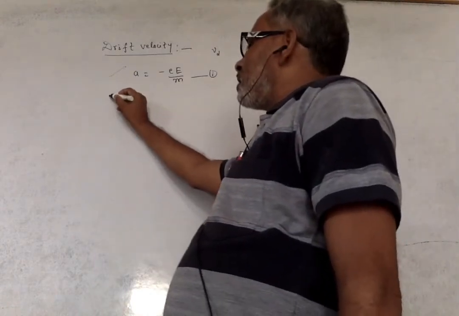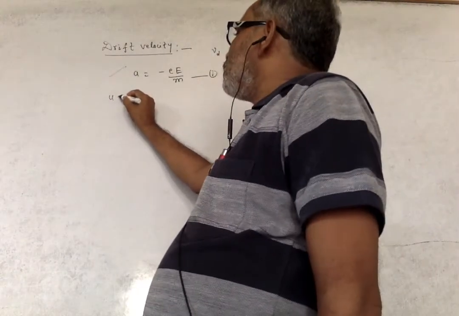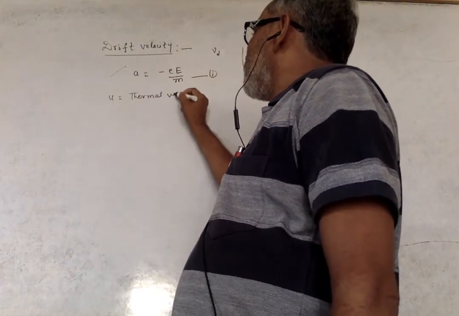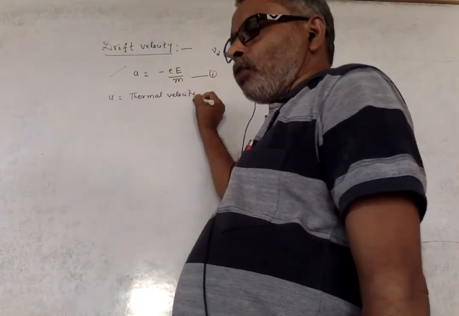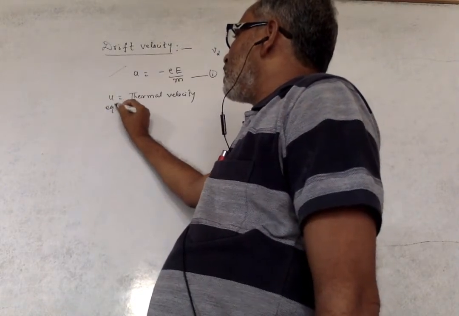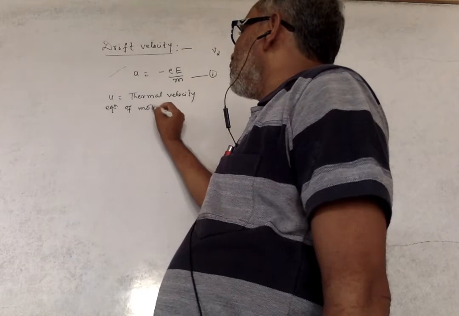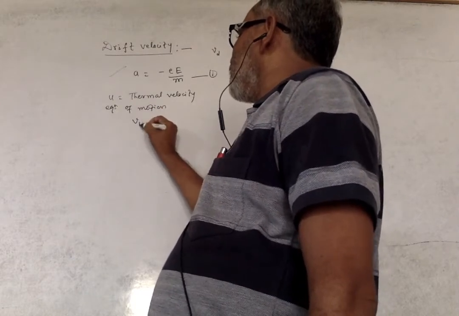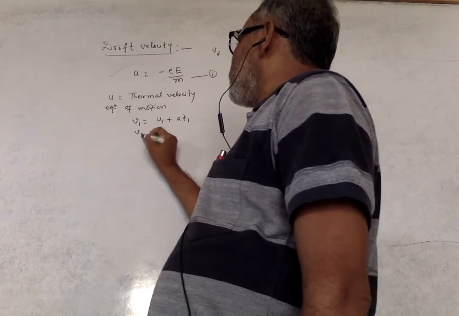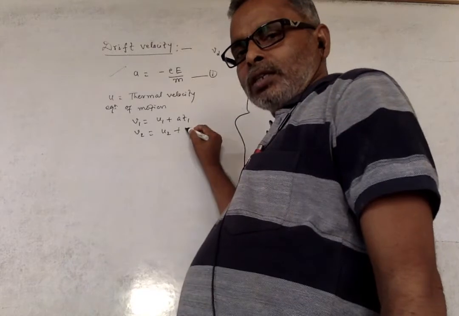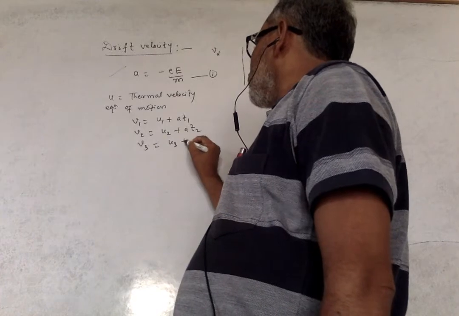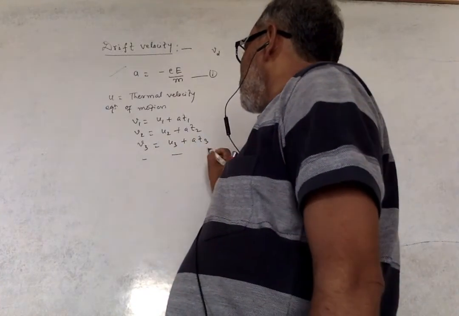If u is the thermal velocity, then from the equation of motion, V1 equal to u1 plus a t1, V2 equal to u2 plus a t2, V3 equal to u3 plus a t3, and so on.